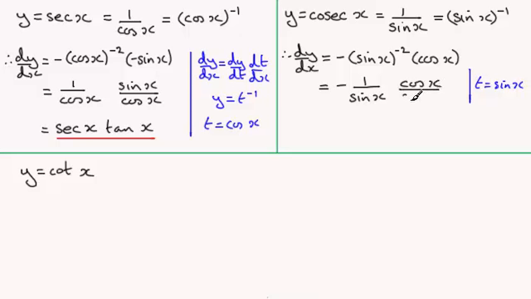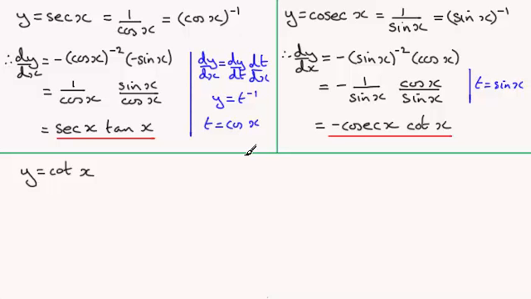So you've got cos x over sine x. And so we end up with minus, and 1 over sine x is the same as cosec x. And then cos x over sine x, well, that's cot x. So that again is a result that you'll no doubt see in most formula books, but it's there should you need to prove it.